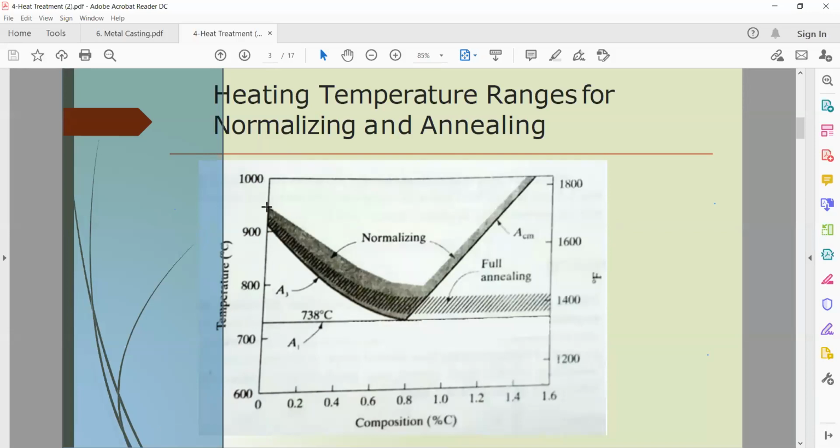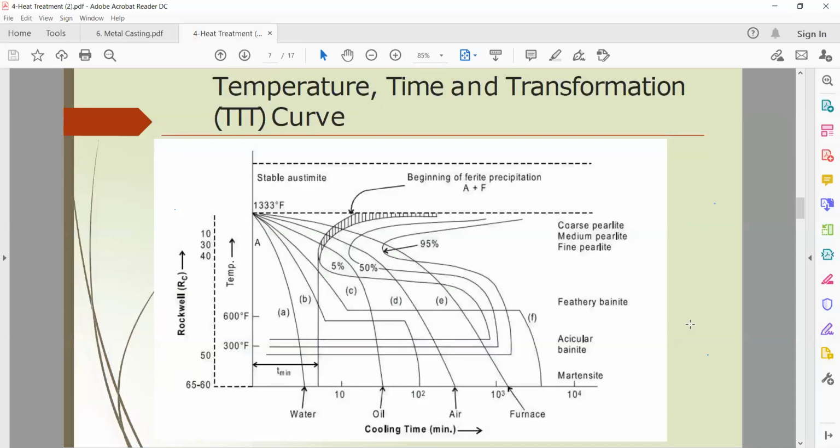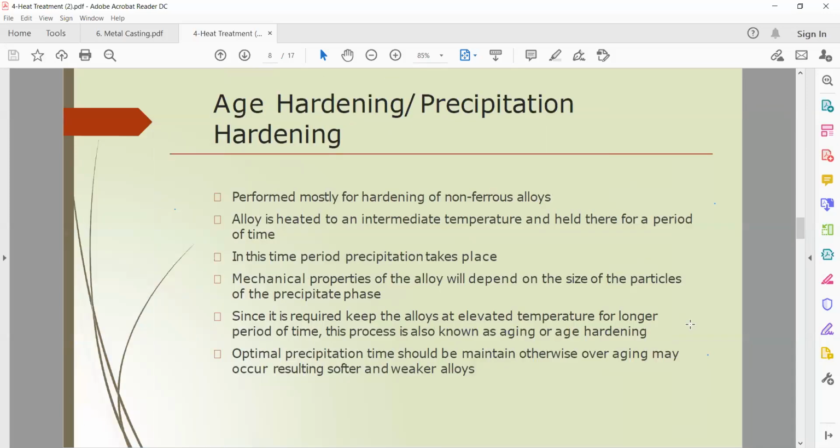Then you keep it for a time period and then cool down that metal according to the cooling rate, and where you are cooling down is the main thing for the edge and case hardening process.